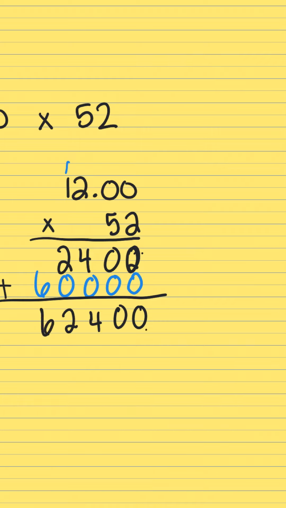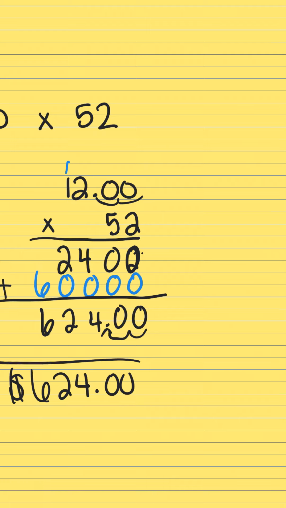And then remember, you're going to move your decimal twice because that's how many decimals are up here. And your answer ends up being $624. Okay? The other way is to think about that these zeros are non-significant numbers.